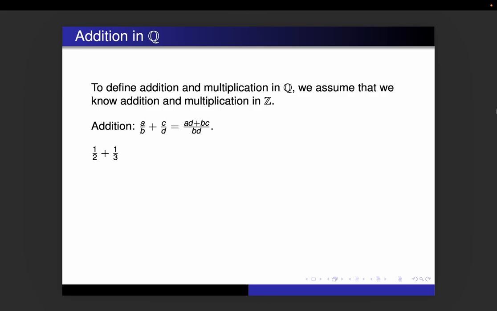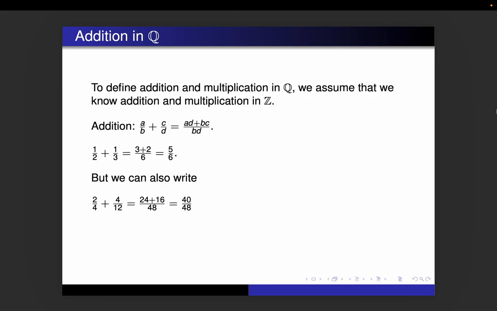The problem is it can work differently depending on what the representations of those individual numbers are. So if I'm adding 1/2 plus 1/3 and use that formula, I get (3 + 2) over 6, which is 5/6. But if I say 2/4 instead of 1/2 and 4/12 instead of 1/3, I get a different looking number, 40 over 48.